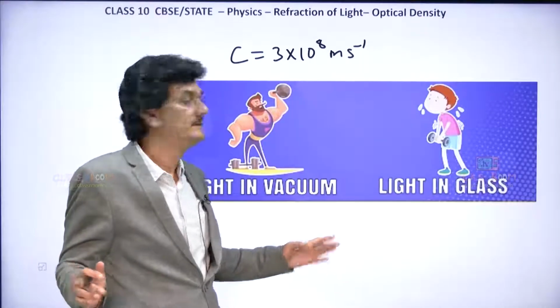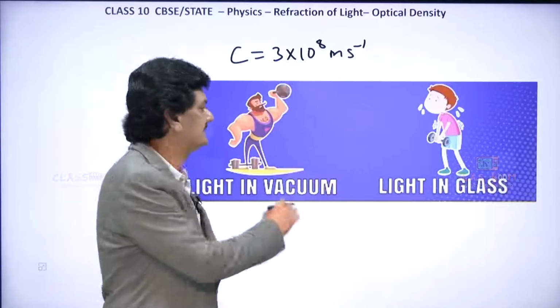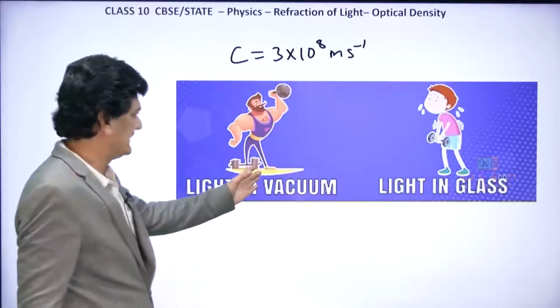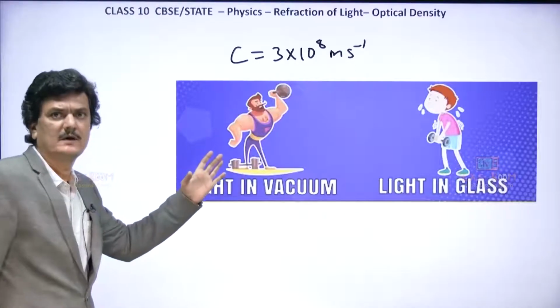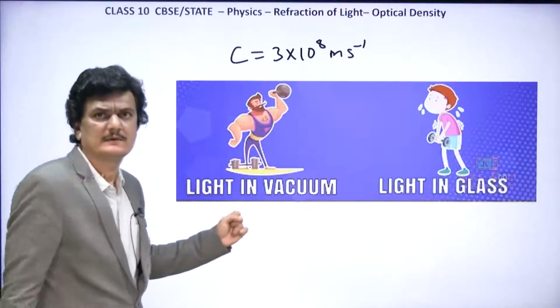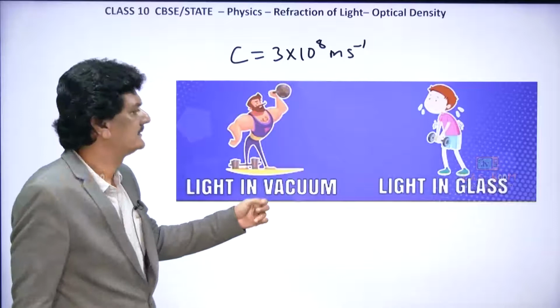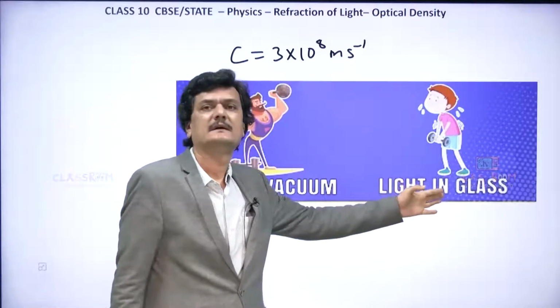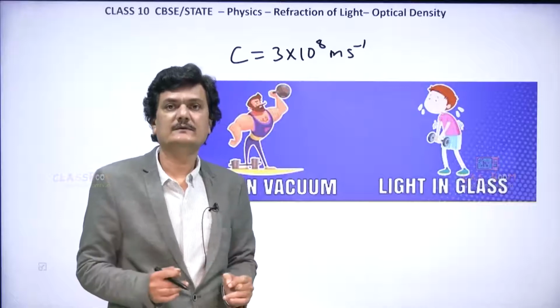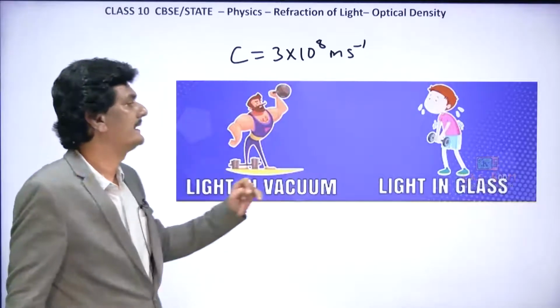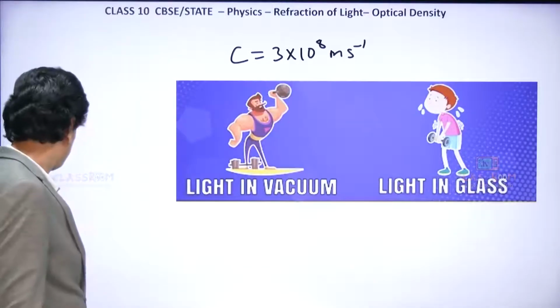That is because of optical density. So, if light is like a wrestler or power lifter, then light behaves like a weak, feeble person in glass. This decrease in the velocity of light is caused by optical density.